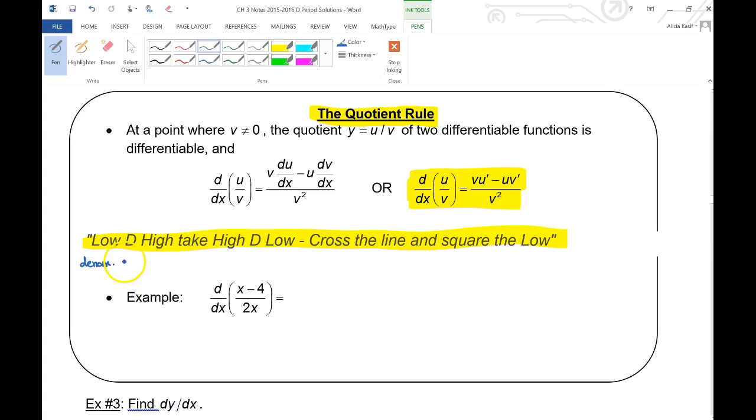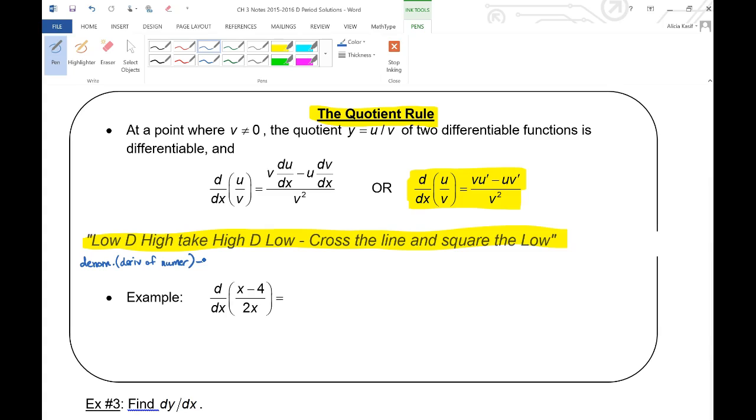So the denominator times the derivative of high, which means numerator. Low, D, high: take the bottom times the derivative of the top. Take means minus, that's subtraction. High, D, low.